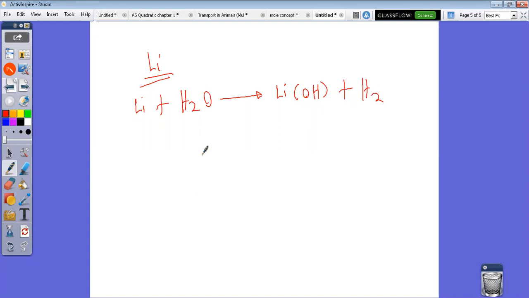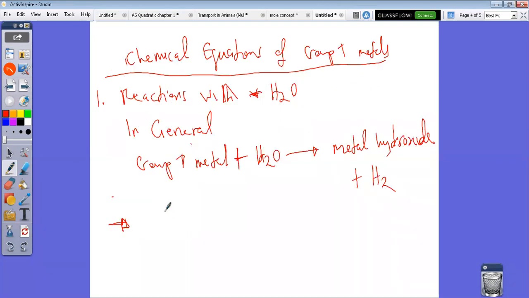Before we complete this, go back to where we said general. Write X, where X is a group 1 metal, plus water, we always form a hydroxide in this form, plus hydrogen gas. It's not balanced, so you put 2 there and 2 there.